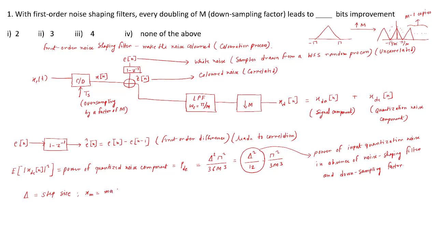Let me write it here: maximum amplitude of quantizer. And B is the number of bits for amplitude representation.